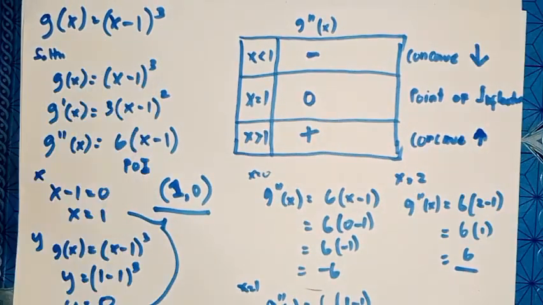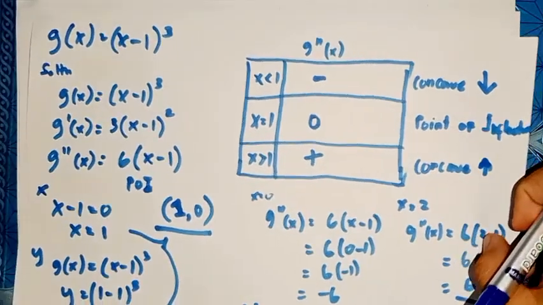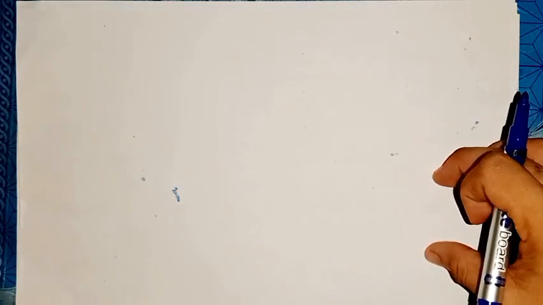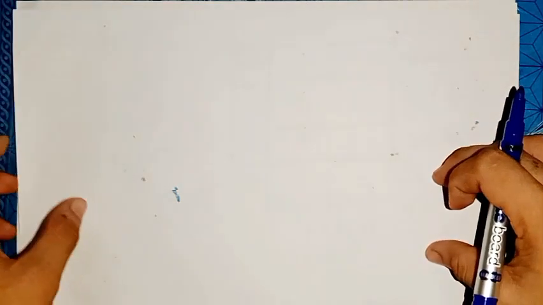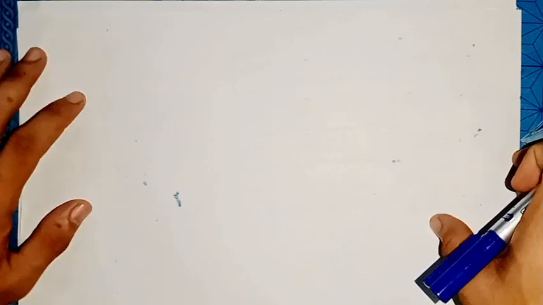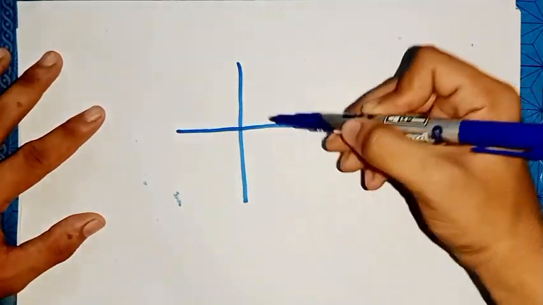Now let's graph this function. Graph and show the point of inflection and tangent. The slope of the tangent line at the inflection point x equal to 1 is 0, right? Which means the tangent line is horizontal. Imagine this is our graph. This is 1.